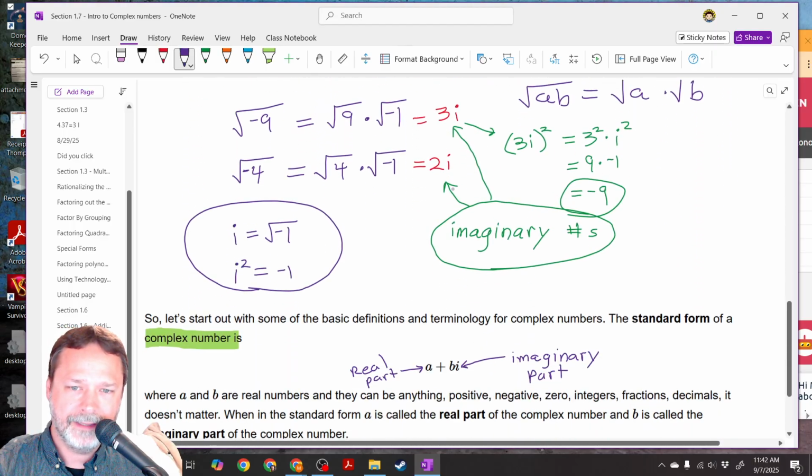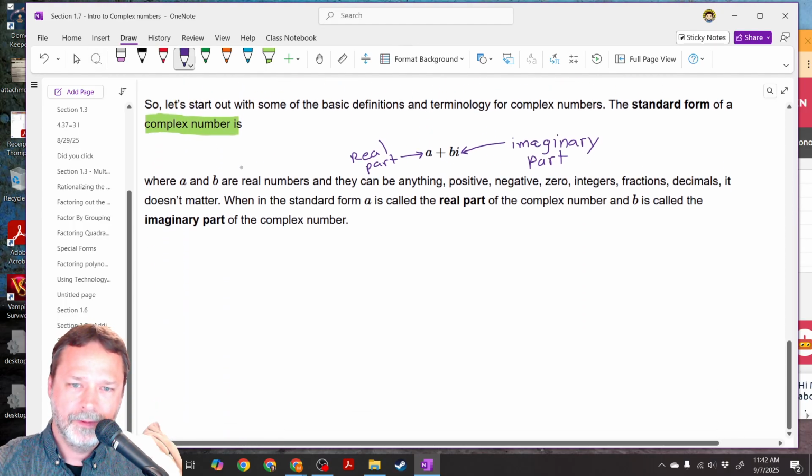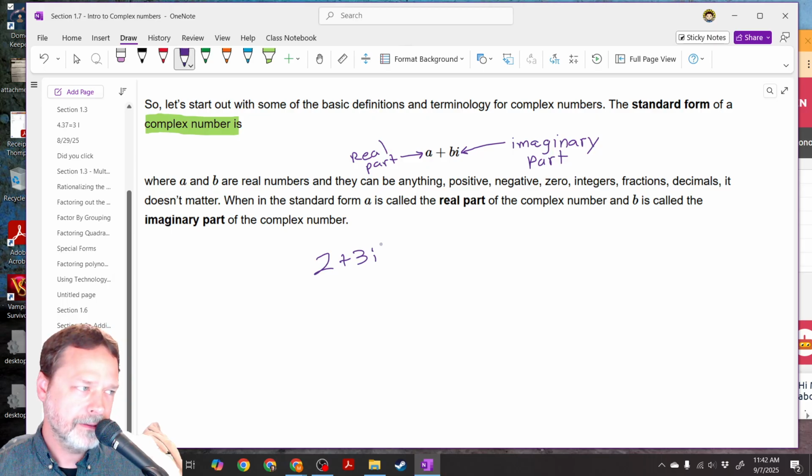So what if you had 3i as a number? Well, what do you get when you have 2 plus 3i? That's still going to be a complex number, right? Because it's still a number that's not on the number line. This is definitely not on the number line.